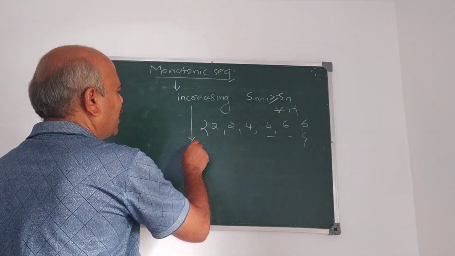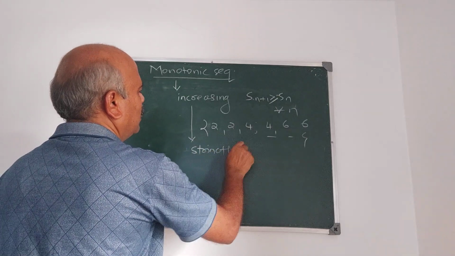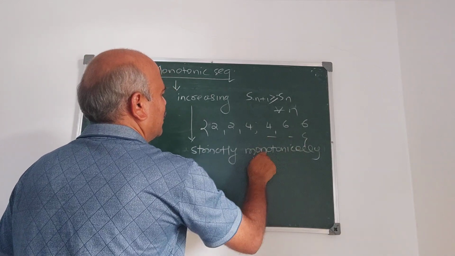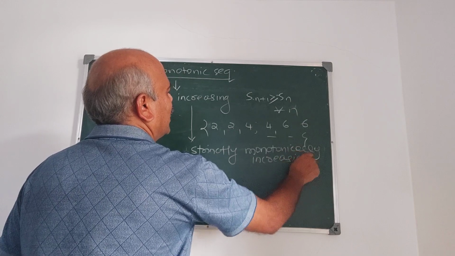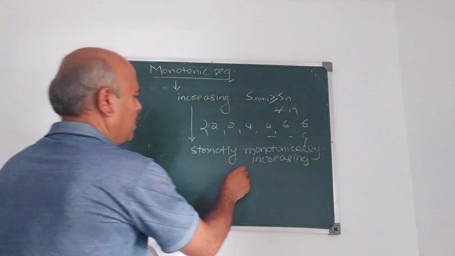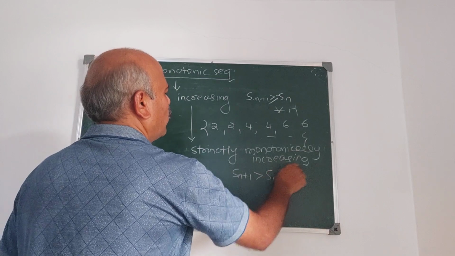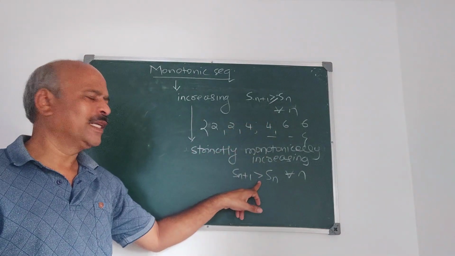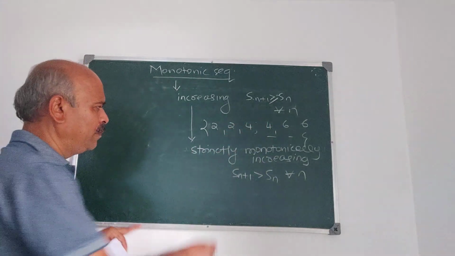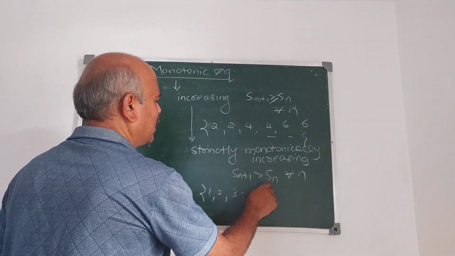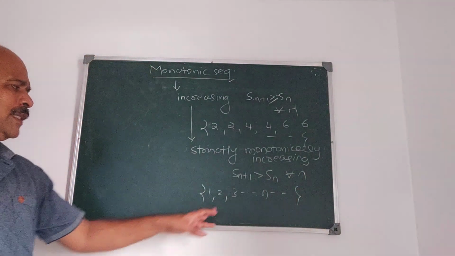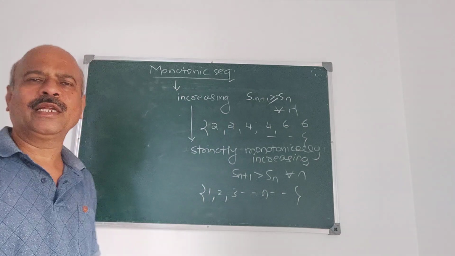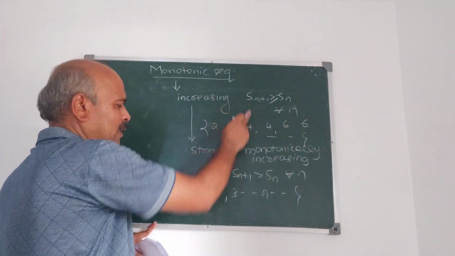And strictly monotonically increasing: if sn plus 1 is greater than sn for all n, we say that it is strictly monotonically increasing. What is the example? 1, 2, 3, and so on, n. sn is equal to n. It is strictly monotonically increasing.